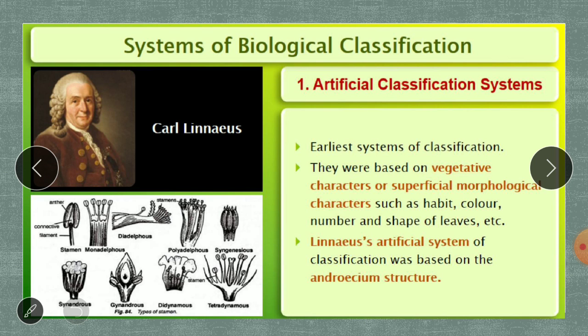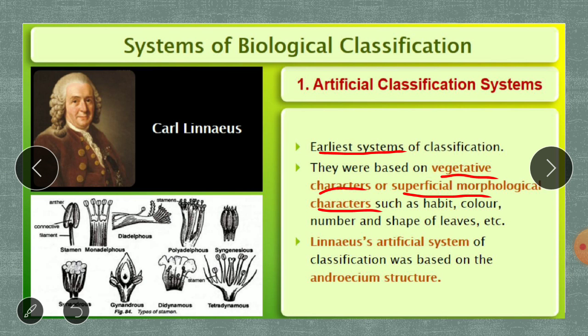Now, the artificial classification system was the earliest system of classification. It was based on vegetative characteristics or superficial morphological characteristics. Here two new words are there. Vegetative characteristics are the different parts of the plant, and morphology means the study of external features.